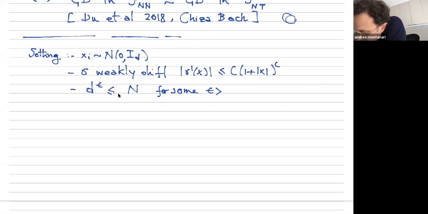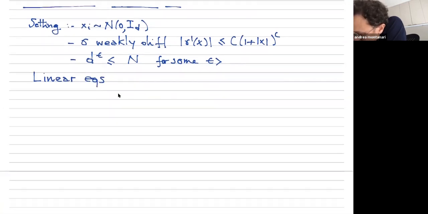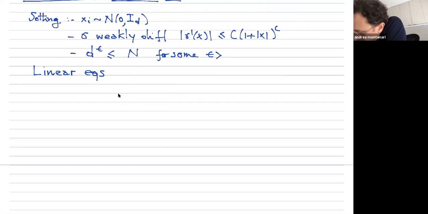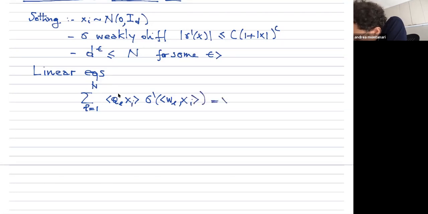Okay, so the question of interpolation in this setting is just the question of solving a set of linear equations. And the linear equations are of the form sum over l from 1 to N of a_l times sigma of <w_l, x_i>.